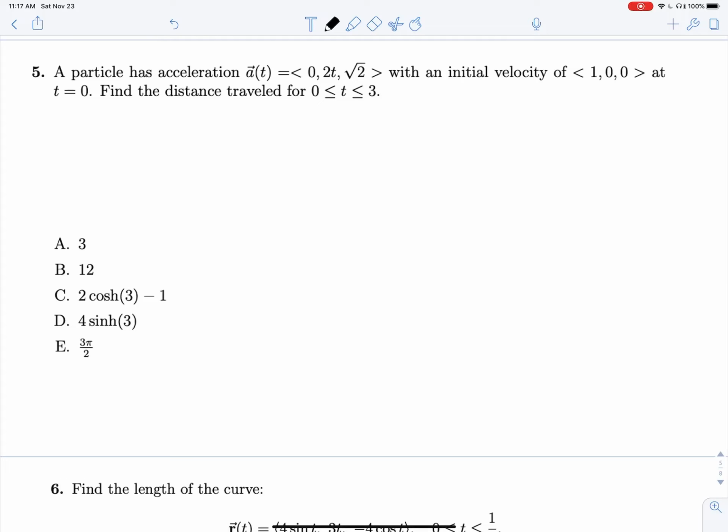Okay, a particle has this acceleration and this initial velocity, and we need to find the distance traveled. So we know it's really the velocity expression that we're looking for, because we're starting off with r of t, which is our position function, and we are differentiating to get to our r prime of t, which is the same as v of t.